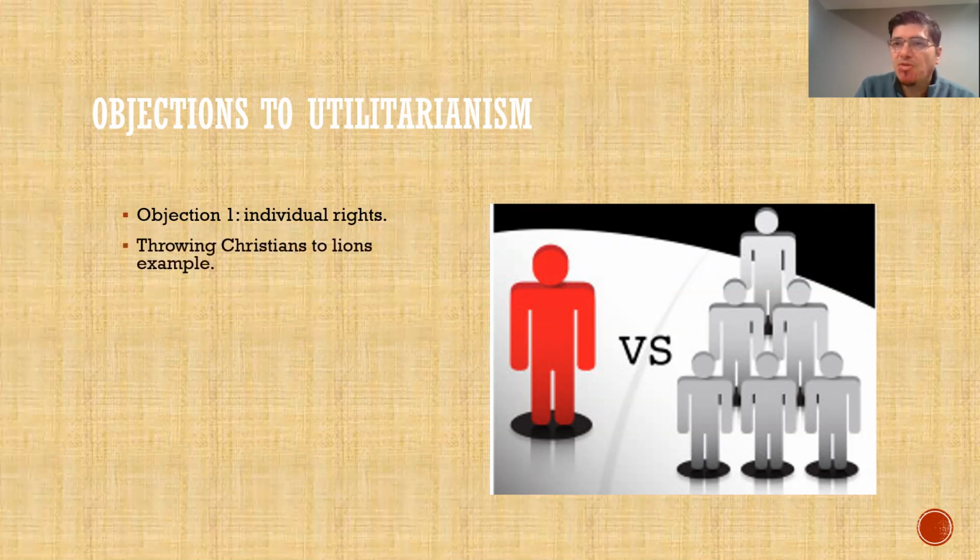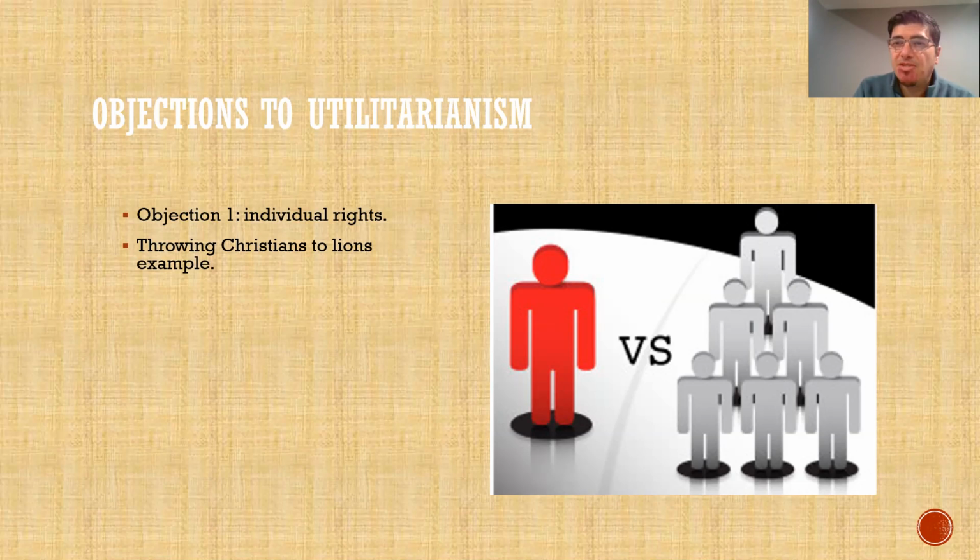Here's an example that he uses as an objection to utilitarianism. Think of the horrible history of Christians being thrown to the lions for the amusement of the crowds and other considerations as well. From a strong conception of individual rights, that is obviously mistaken. That obviously has gone wrong. People should not be sacrificed for the sake of the entertainment of others.